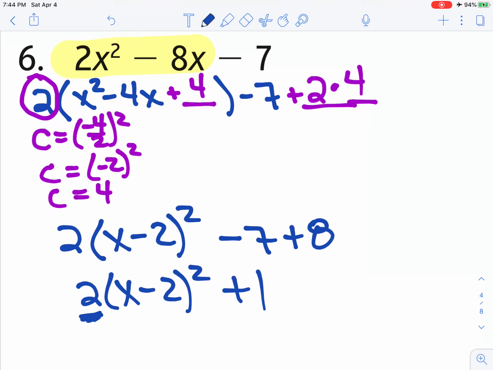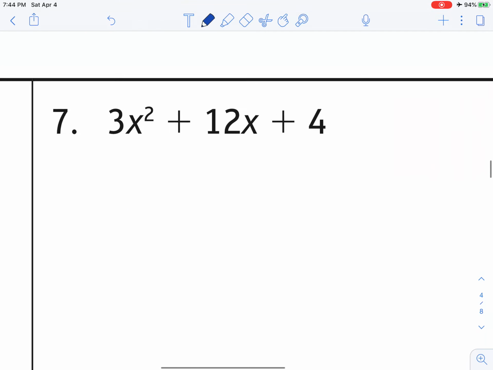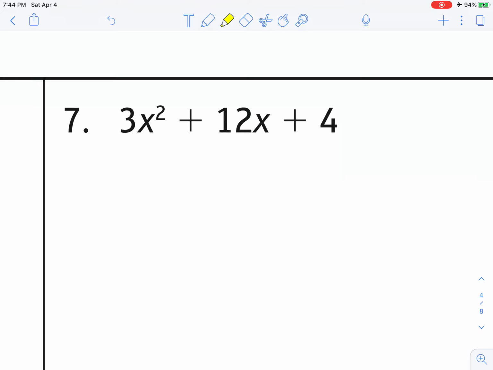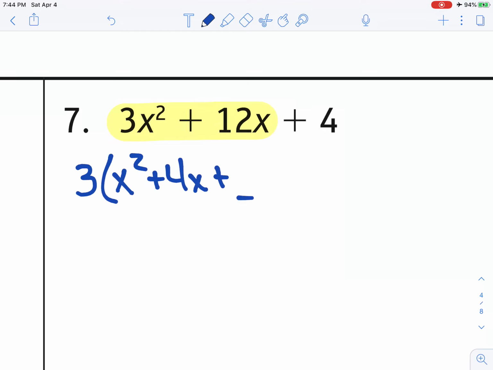So really and truly, this is the only new part. So let's do number 7. Okay, again, we're going to just look at these first two that are right here. And we're going to take out the 3: x squared plus 4x plus blank, parenthesis, plus 4 minus blank.